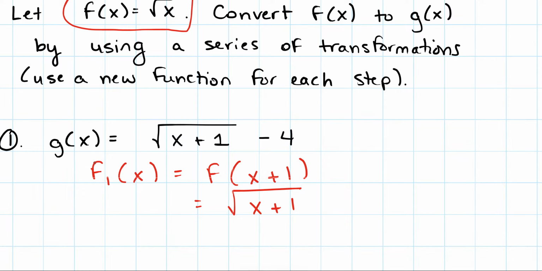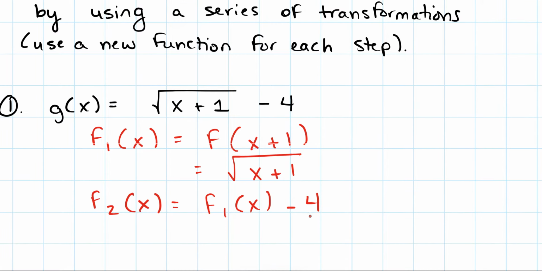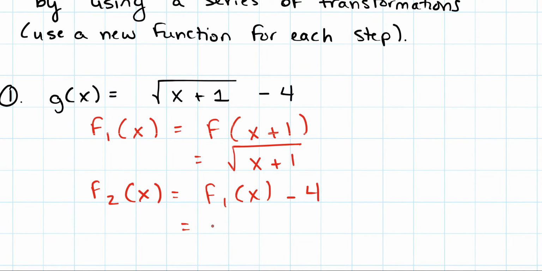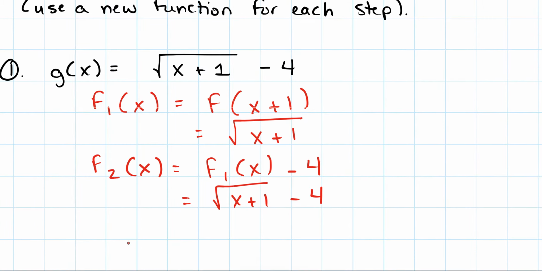Now to make f1 look like g, I'm going to define a new function, f2. And what I'm going to do is take this function, f1 of x, which is the square root, and subtract 4 from it. If I do that, I'll get the square root of x + 1 minus 4, and so now my function f2 that I defined is equal to g.